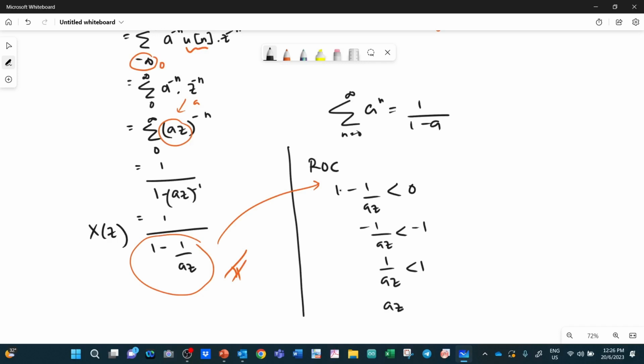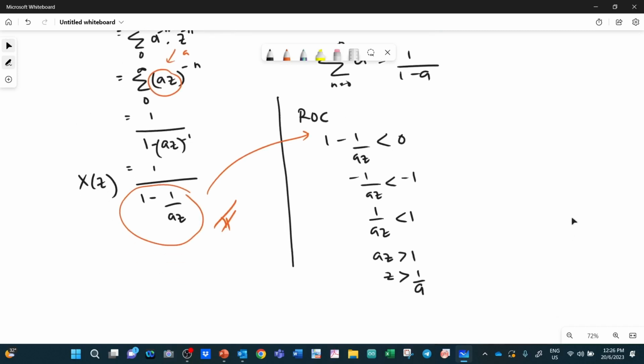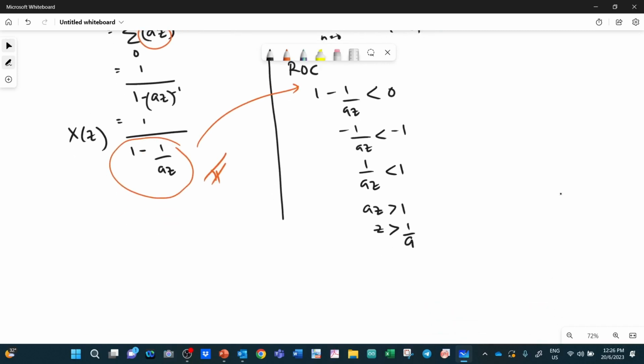Bring az up, and you have z more than 1 over a. So the ROC is given by this value.